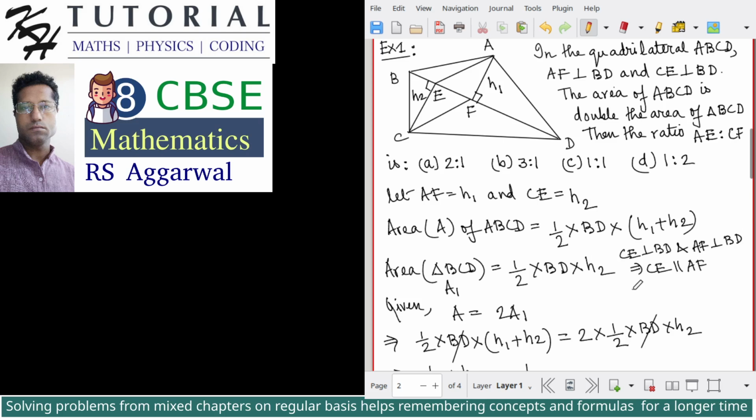Also, we have found that H1 is equal to H2, which means that CE is equal to AF.